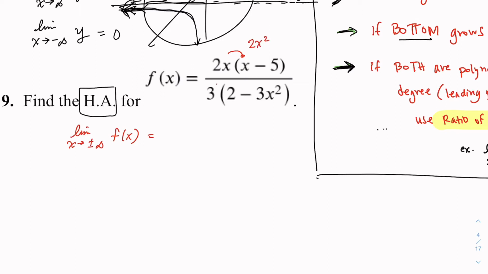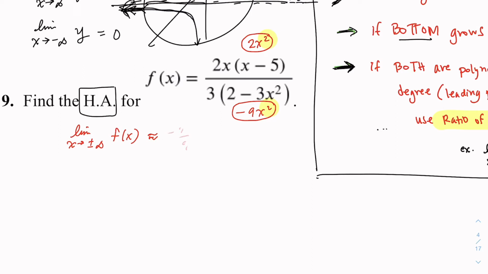And when I multiply this out, the highest term won't be the 6 here. It will be the negative 9x squared. So that's what I want to focus on: 2x squared and the negative 9x squared. Notice, we have the same degree, so we'll take the ratio of the leading coefficients. So this would simply be negative 2 over 9.